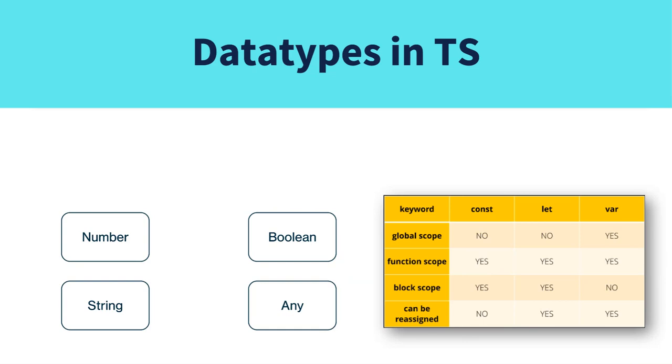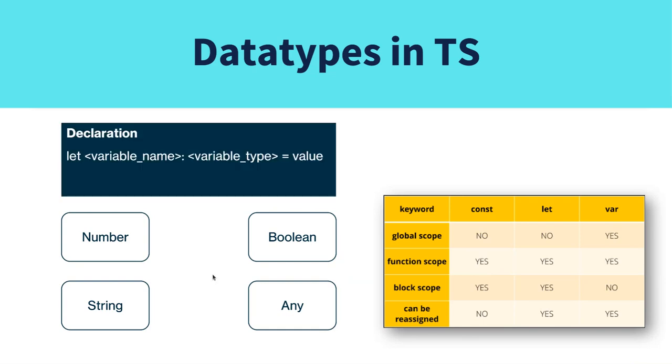This is something different from plain JavaScript. And the way we define a variable in TypeScript is we write let, then a variable name, then a colon, then a variable type, then that is equals to some value which we want to give to this variable.